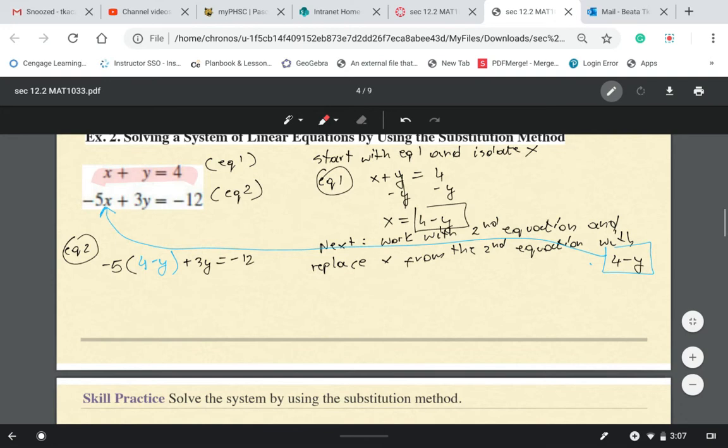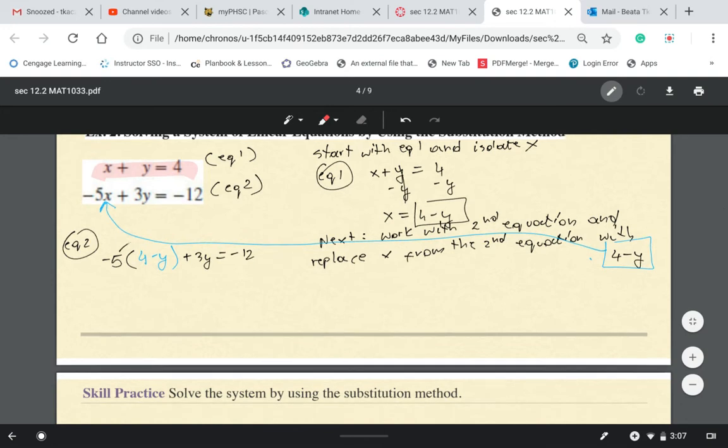And the rest, what you're going to do, just solve equation for y. Distribute first. So we have -20 plus 5y plus 3y equal -12. Solve for y, so combine like terms. Here we're getting 8y. -20 plus 8y equal -12. Add 20 to both sides. And we're getting 8y equal 8. Divide each by 8. And we know that y is equal 1.